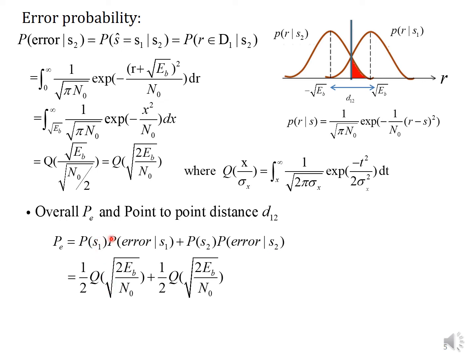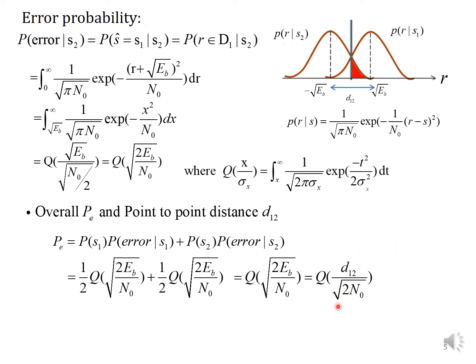So given equal probability of S1 and S2, we have 1 over 2 times this Q function and 1 over 2 times this Q function. Then we have the final error probability. This would be equal to the Q function of D12, the double of square root of EB, over square root of 2 N0.